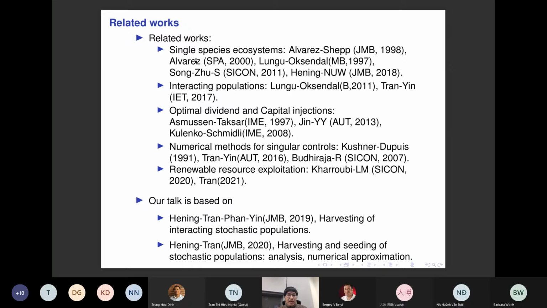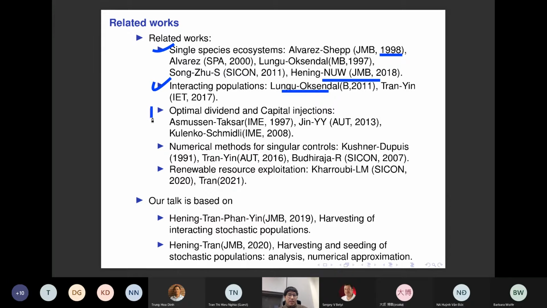To mention just a few, we have work for single species ecosystems, some old and some very new. For interacting populations, we have Lungu, Oksendal, and myself.